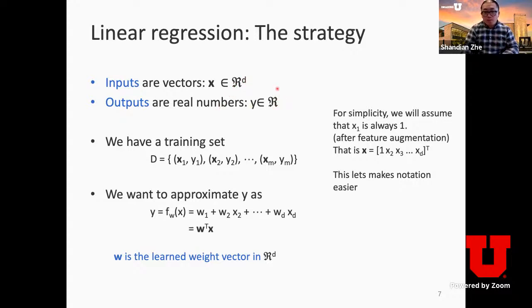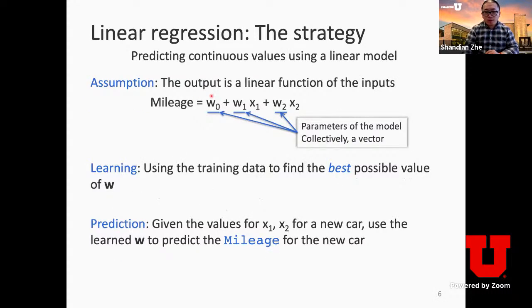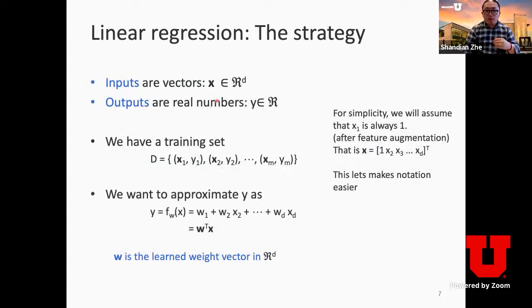Remember, in our model assumption, we always introduce some bias parameter b, which here we represent as W0. But for consistency, we can assume this bias term has already been incorporated into the inputs. So our first feature is always 1.